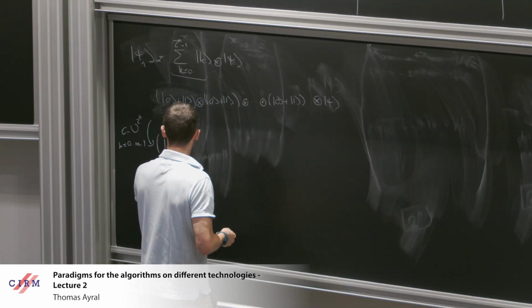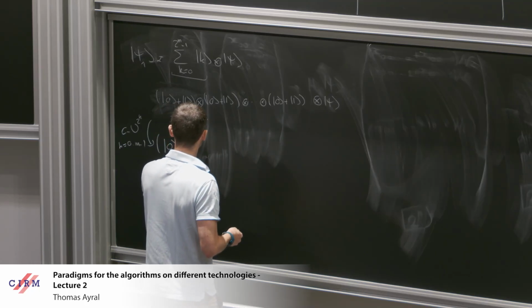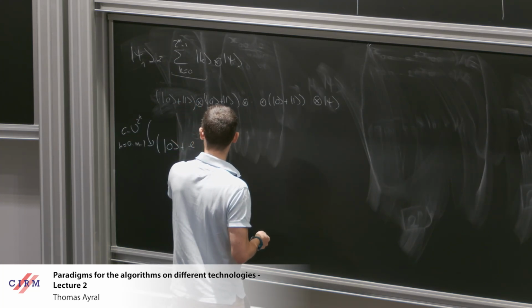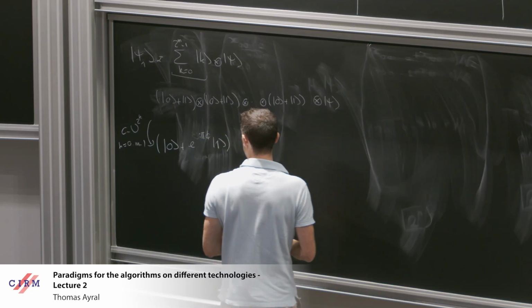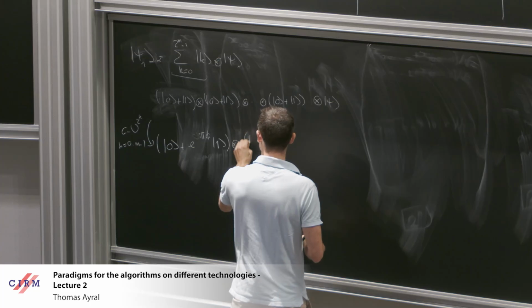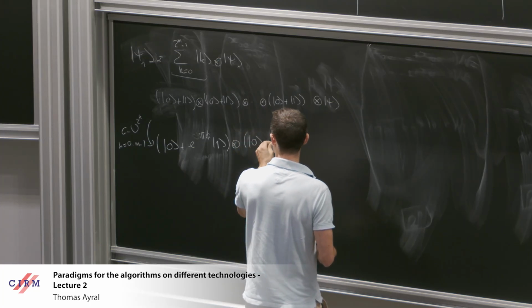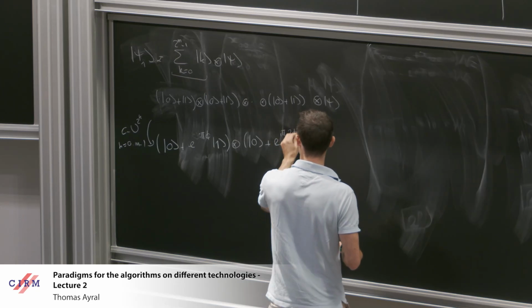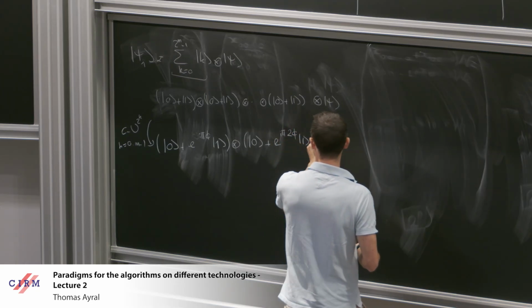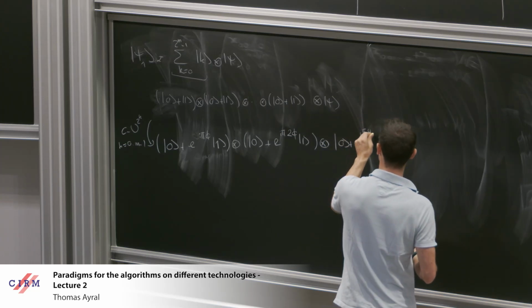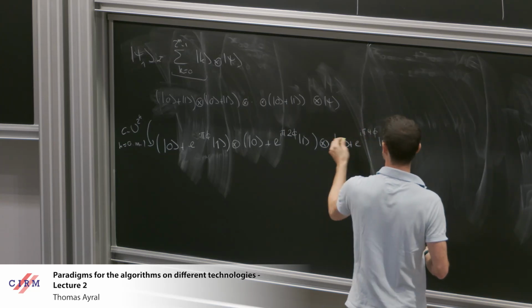So (|0> + exp(i pi phi)|1>) for the first qubit, tensor, the second qubit is going to be (|0> + exp(i pi 2 phi)|1>), and then (|0> + exp(i pi 4 phi)|1>).